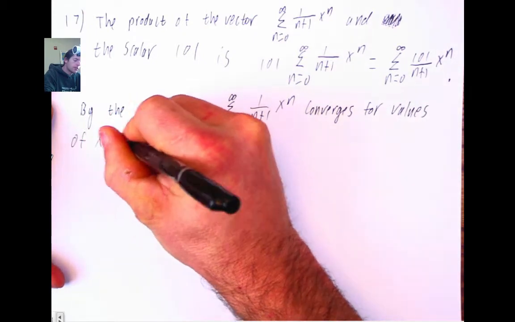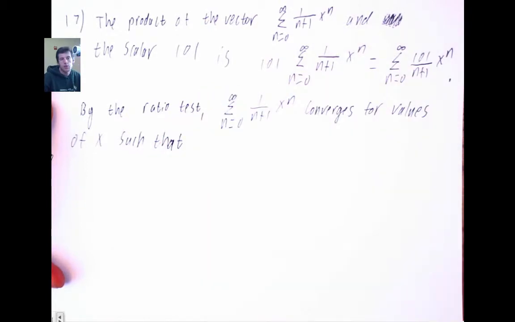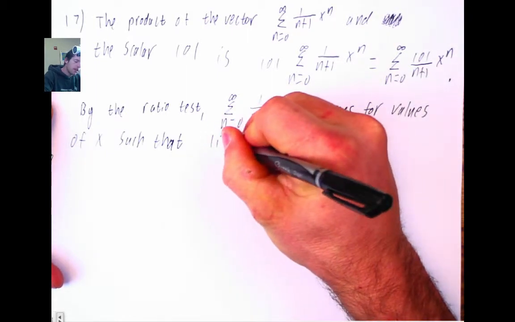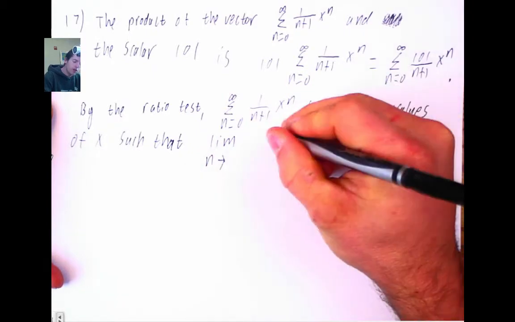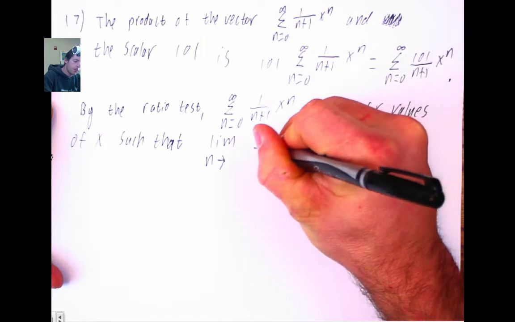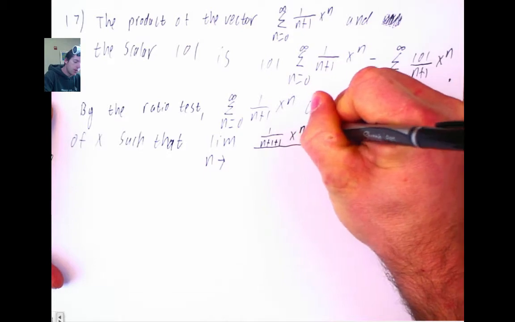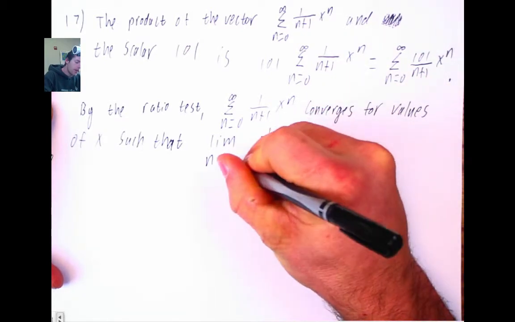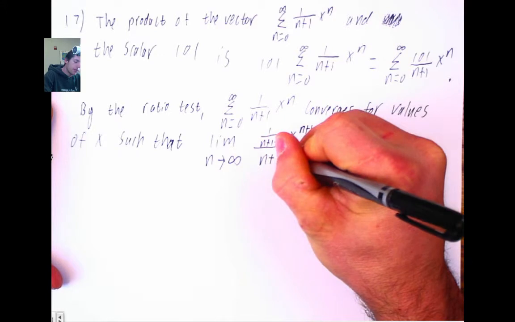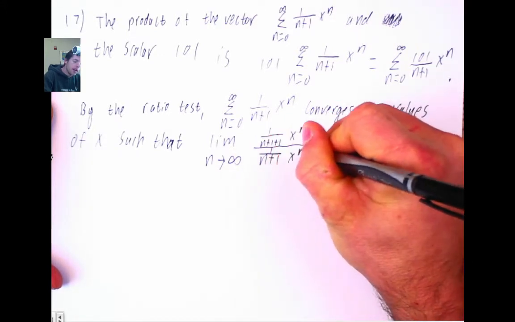if x such that, now you might not have been that careful in your wording in your 21C class, but if you took it from me, I would have encouraged you to be that careful, such that the limit as n goes to infinity of the ratio of the n plus 1th term, 1 over n plus 1 plus 1, x to the n plus 1, that's the n plus 1th term, over the nth term, which has an n plus 1 and a 1 over n plus 1, x to the n.